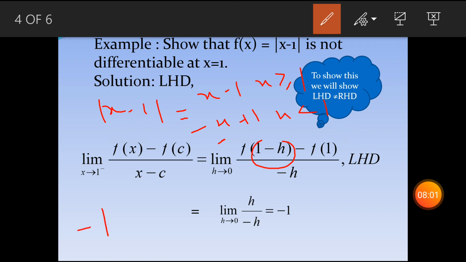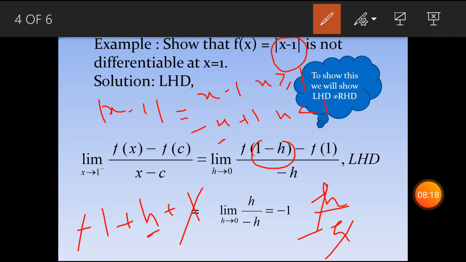So -1 + h and then +1; 1 and 1 will be cancelled. What is left here? h. And f(1), 1 minus 1, will become 0. So here it will be h only. So h upon minus h, h and h will be cancelled, so your result will be minus 1.